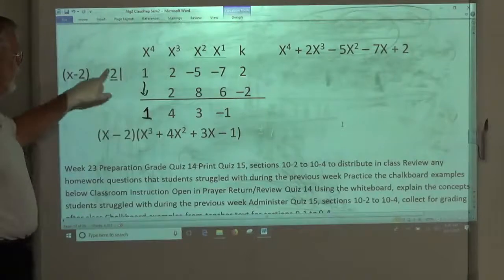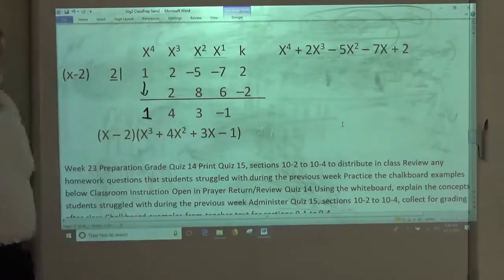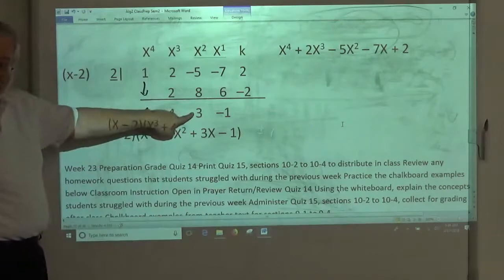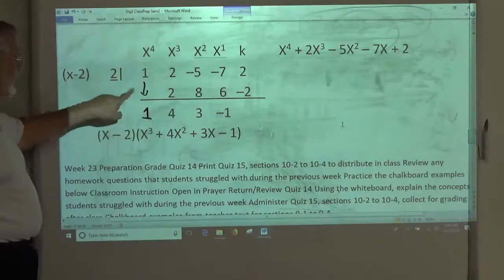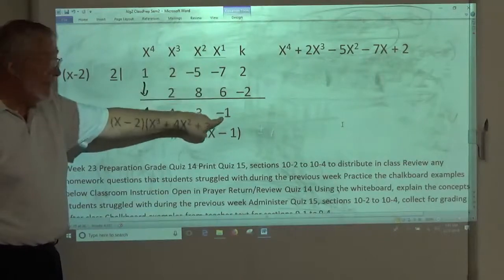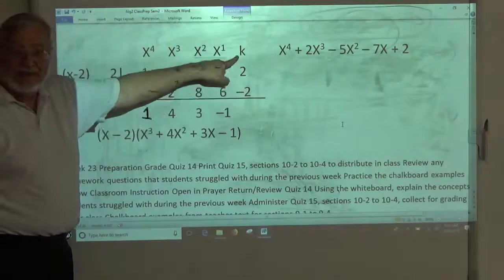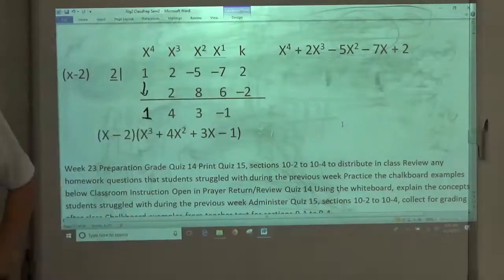Now, what is 2 times 4? 8. Add those together. Get 3. What is 2 times 3? 6. Add those together. -1. And what is 2 times -1? It's -2, and that's 0. And the 0 remainder is the reason that I chose to do that one, because I knew it was 0.